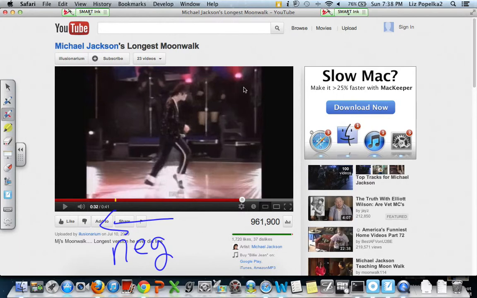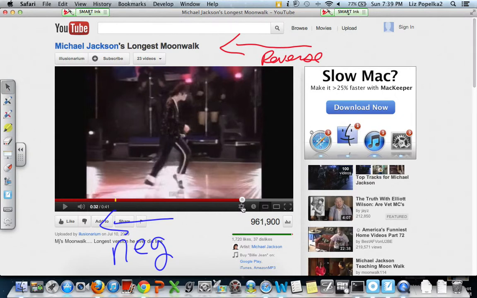Instead, I'm going to play the video in reverse. So it's a video of him going backwards in a negative direction, but I'm going to play the video in reverse. So technically, I'm going in a negative direction backwards.